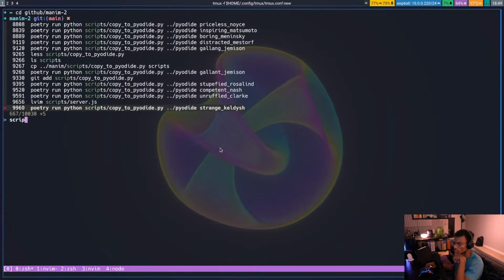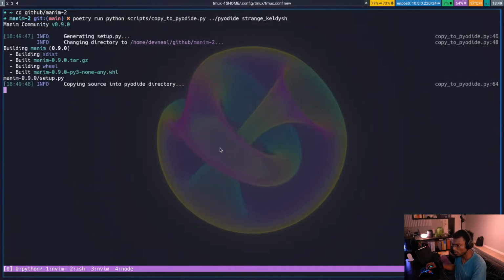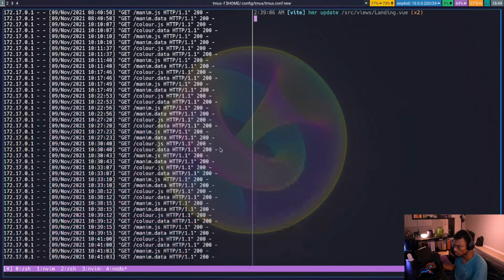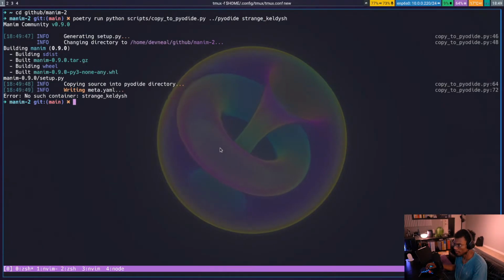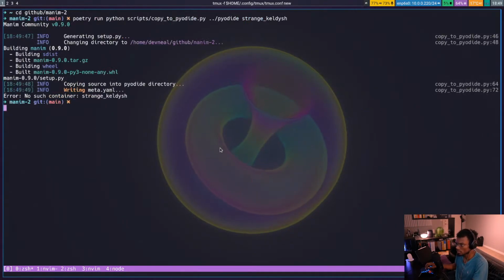And then I'll just recompile that. I haven't done this in a while. No such container, that makes sense.